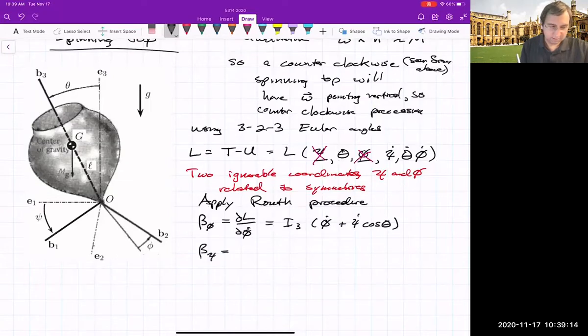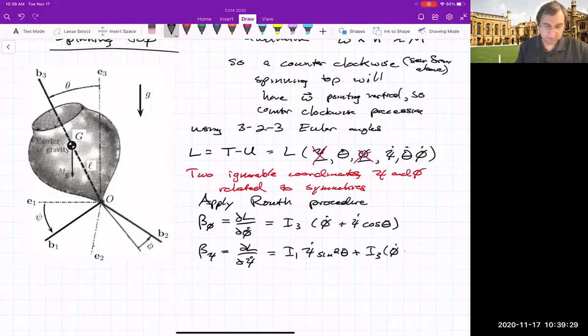Beta psi, partial L partial psi dot, is I1 psi dot sine squared theta plus I3 times phi dot plus psi dot cosine theta, cosine theta again. But you'll notice, what is this? I3 times phi dot plus psi dot cosine theta. That's the same thing as beta phi.